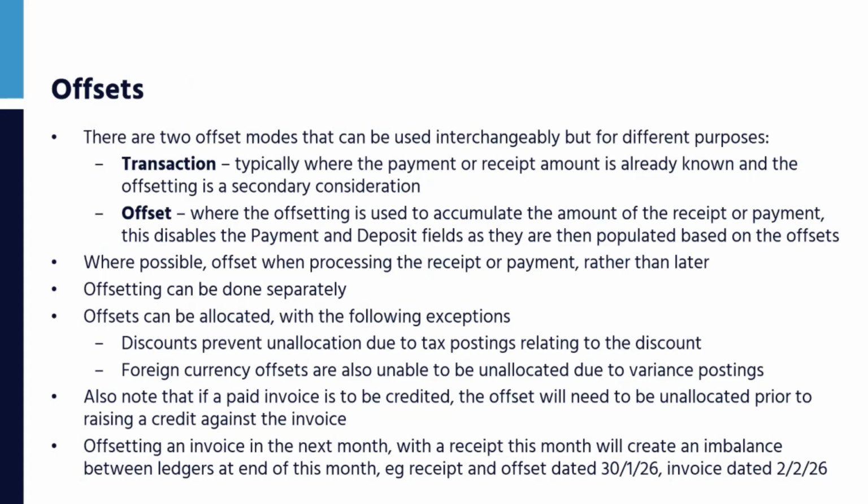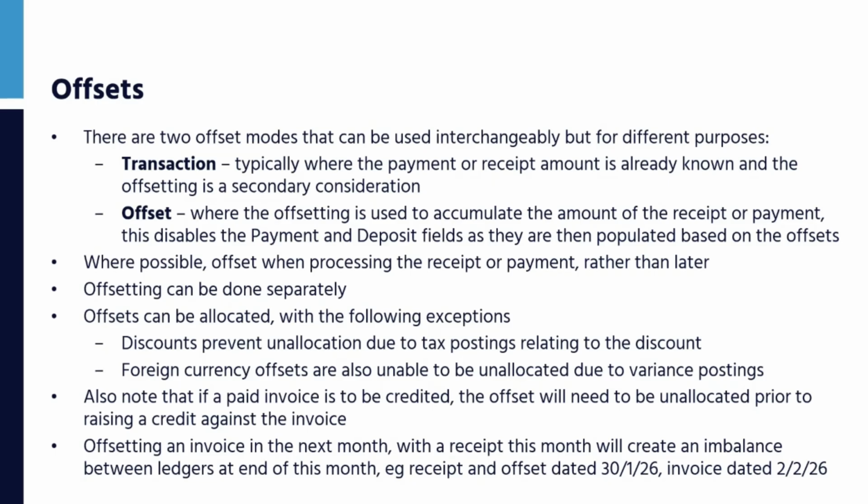Offset is more used where, for this particular customer, for example, or probably more so for a supplier, you go, okay, I want to pay off these 3 invoices. So rather than having to calculate how much those 3 invoices are, you can go into offset mode, into the offsets, pick up those 3 invoices, and then that total will be carried back to the payment line on the main cash book screen. So that's the difference between the two there.